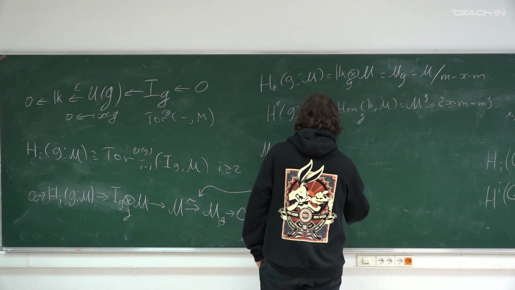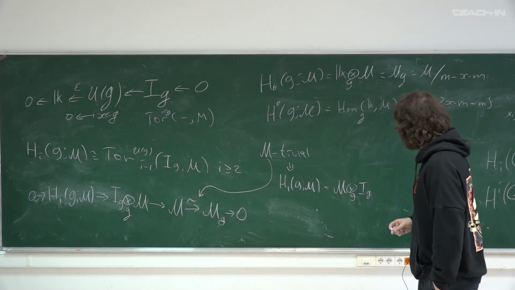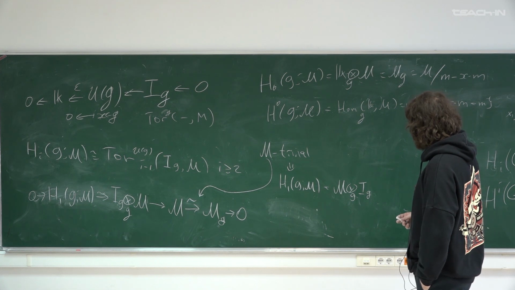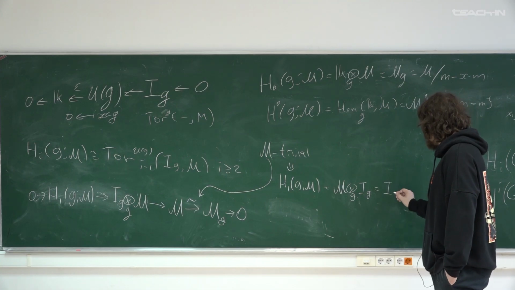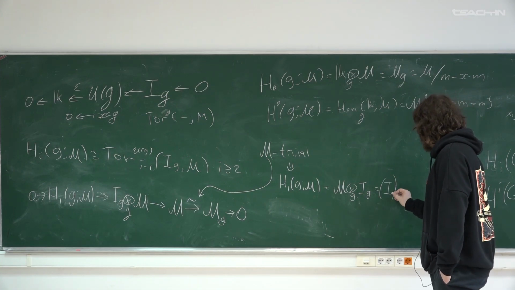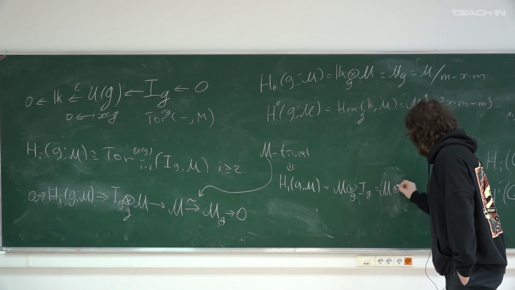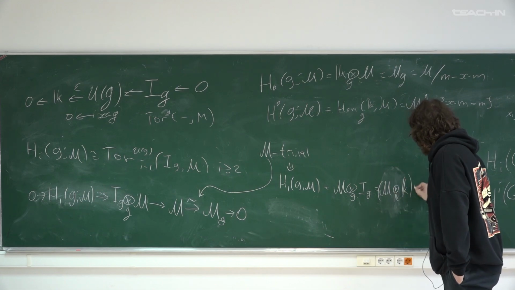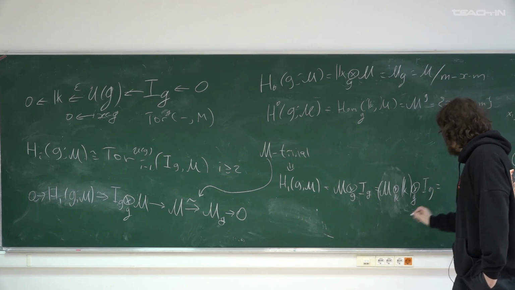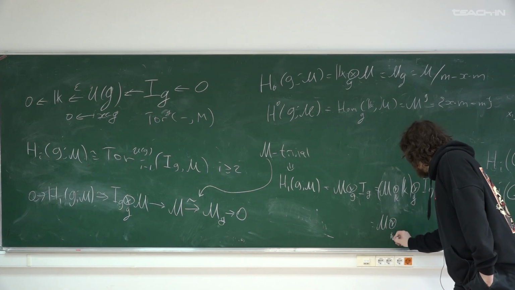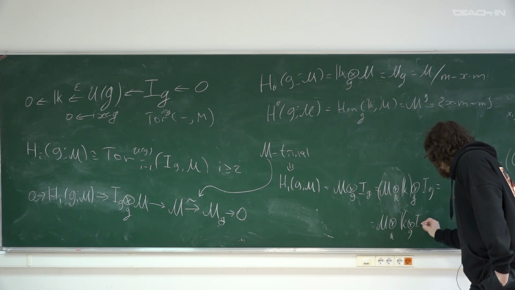So in this case, first homology is the tensor product of M with the augmentation ideal. Well, because M is trivial, it's the same thing as the coinvariants of the augmentation ideal itself in the tensor product with K. We can say that it's M over K with K over G with IG, and then this is the same thing as the tensor product of the vector space with K over G with EG.